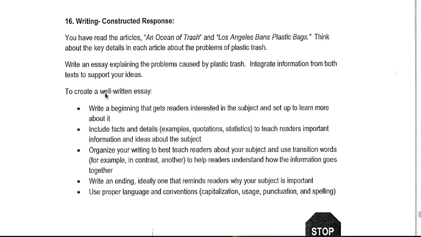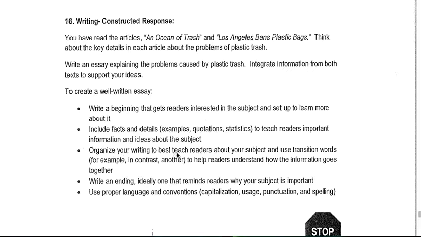To create a well-written essay, write a beginning that gets readers interested in the subject and set up to learn more about it. Include facts and details such as examples, quotations, or statistics to teach readers important information and ideas about the subject.